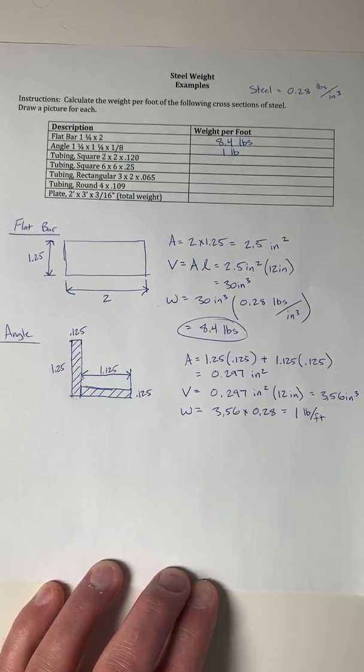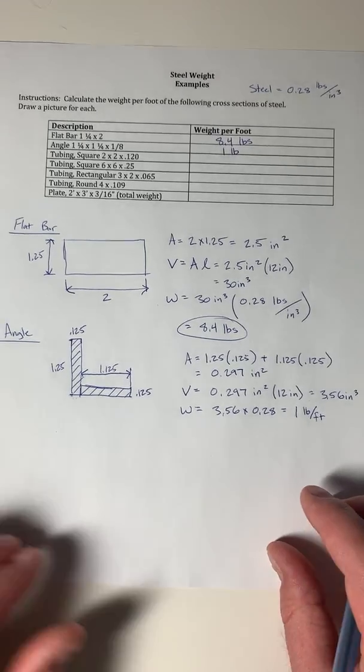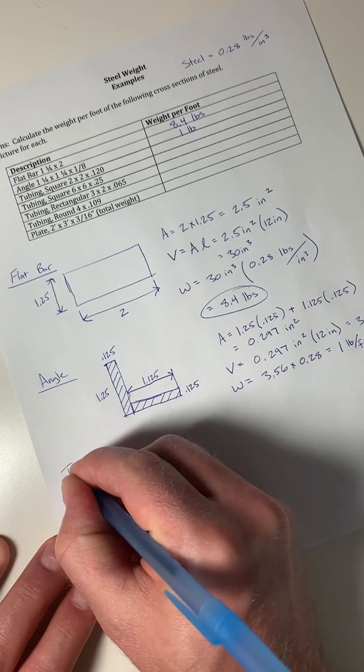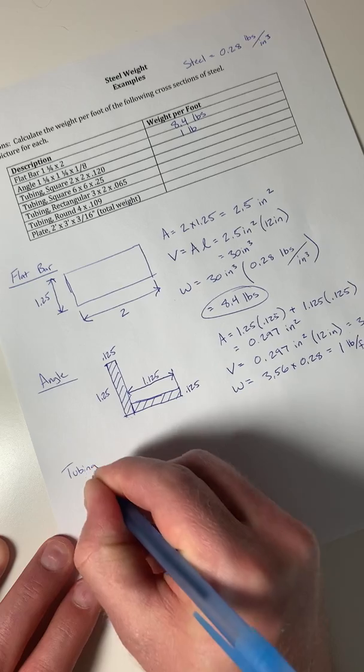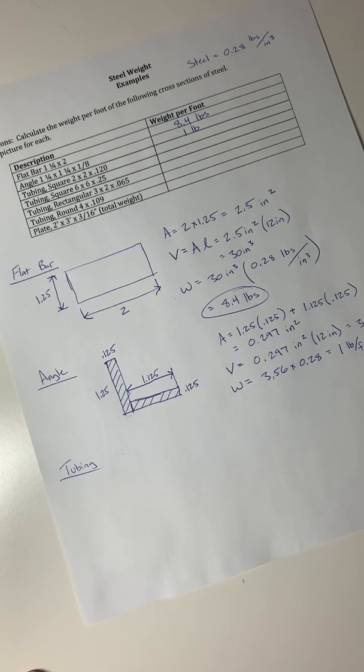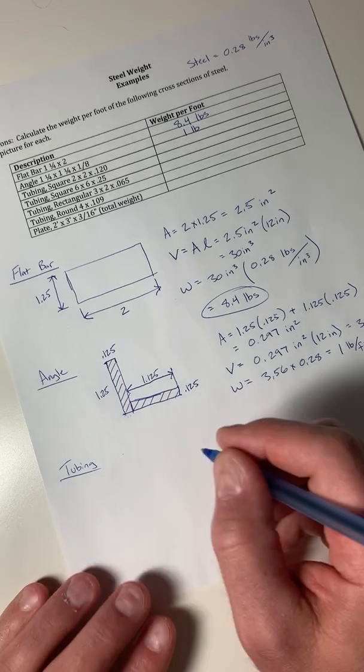Next, I'll show an example of the square tubing. So this is 2 by 2 by 0.120 square tubing.